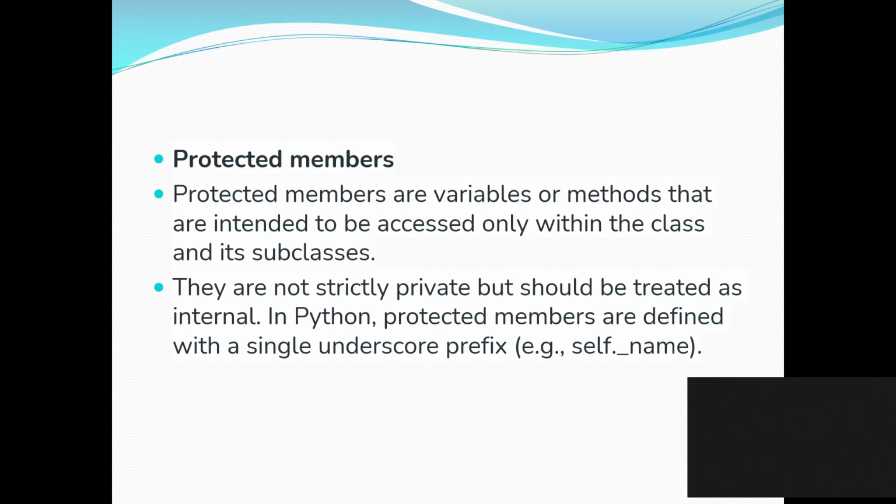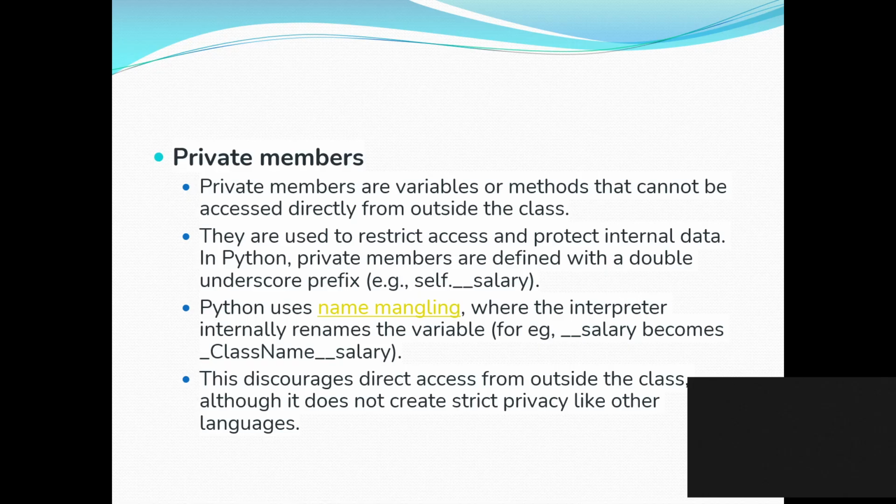Protected members are variables or methods that are intended to be accessed only within the class and its subclasses, but they are not strictly private, and should be treated as internal. In Python, protected members are defined using a single underscore prefix, like self._name. So let's see what a private member is. Private members are variables or methods that cannot be accessed directly outside the class.